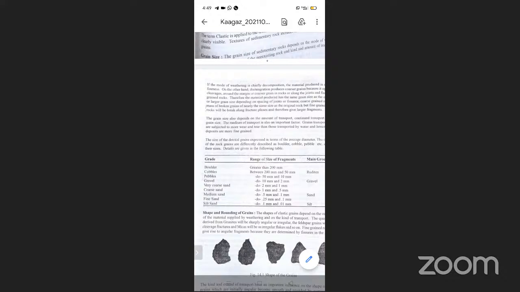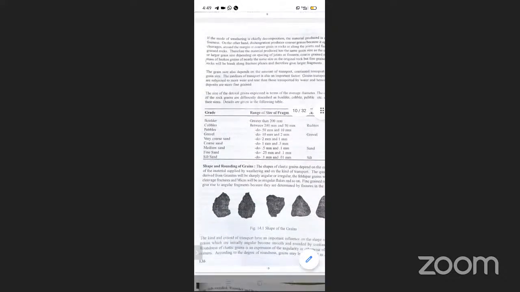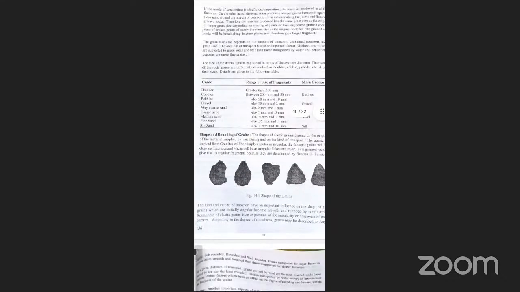Here, the shape and rounding of grains. The shape of clastic grains depends on the original shape of the material supplied by weathering and on the kind of transport. Quartz fragments derived from granite look sharply angular or irregular.